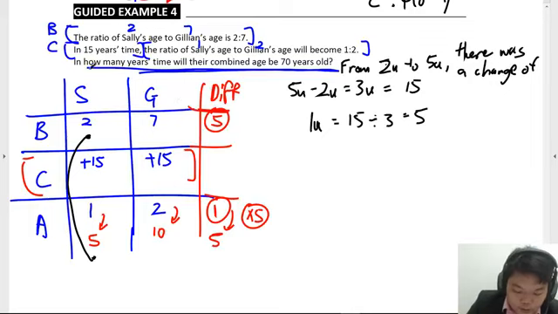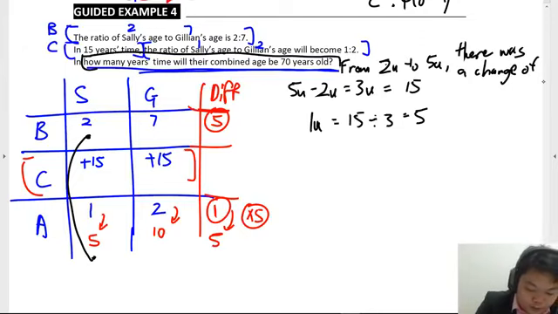And then once we know this, if we know that 1 unit is 5, how are we going to answer this problem here? In how many years' time will their combined age be 70 years old? So right now, we need to determine their present age. If you read back at the question, you will see that this before statement is the present.